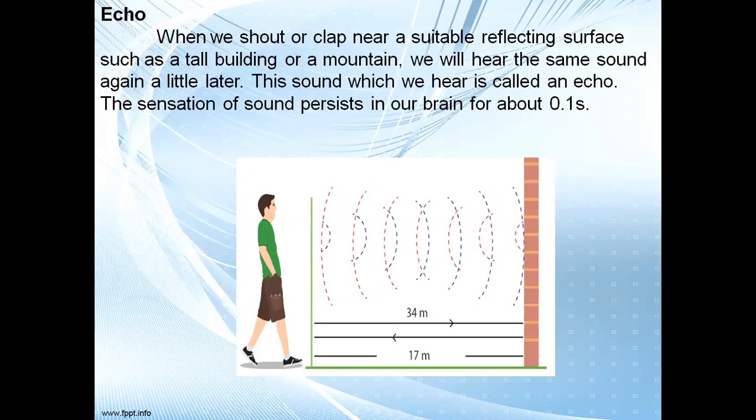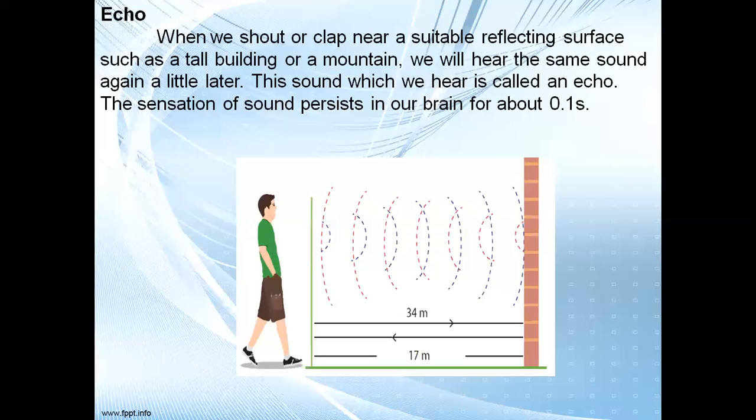So the total distance covered by the sound from the point of generation to the reflecting surface and back should be at least 340 meters per second times 0.1 second, that is 34 meters. So to hear a clear echo, the distance to the obstacle must be 17 meters.